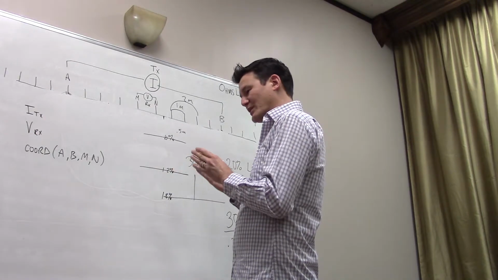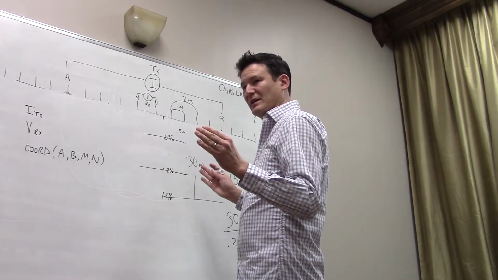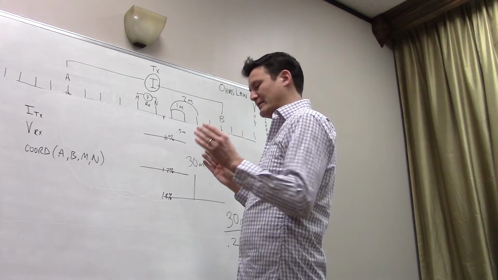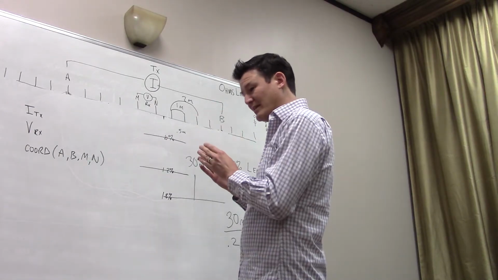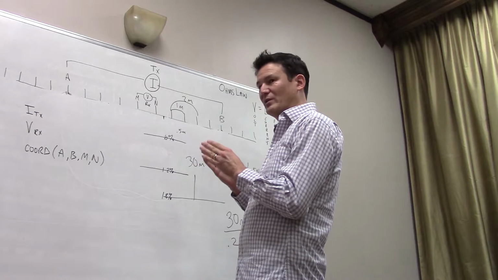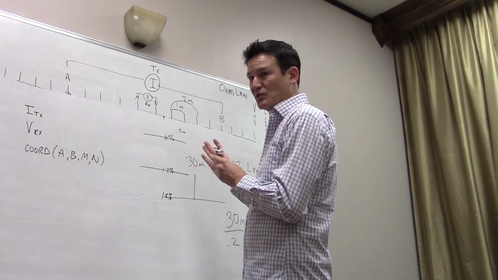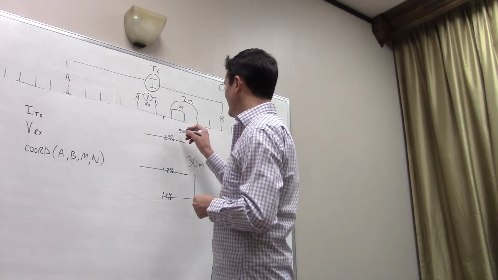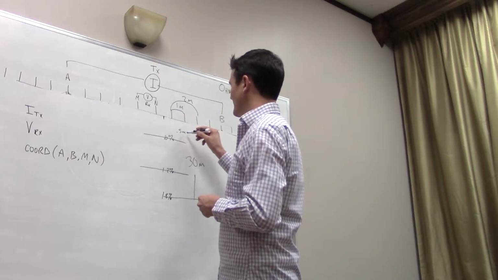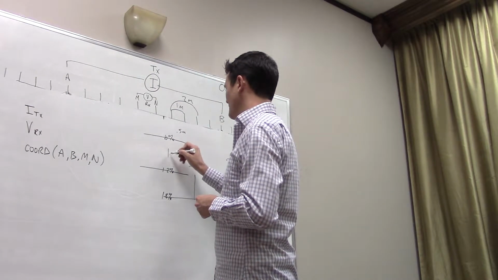We want to go deeper and deeper, but only to the point where we still have a signal. At that point, if the signal is too low, we increase the dipole and sacrifice a little bit of resolution to get deeper. So here you can imagine half of 2 meters is 1 meter, right?